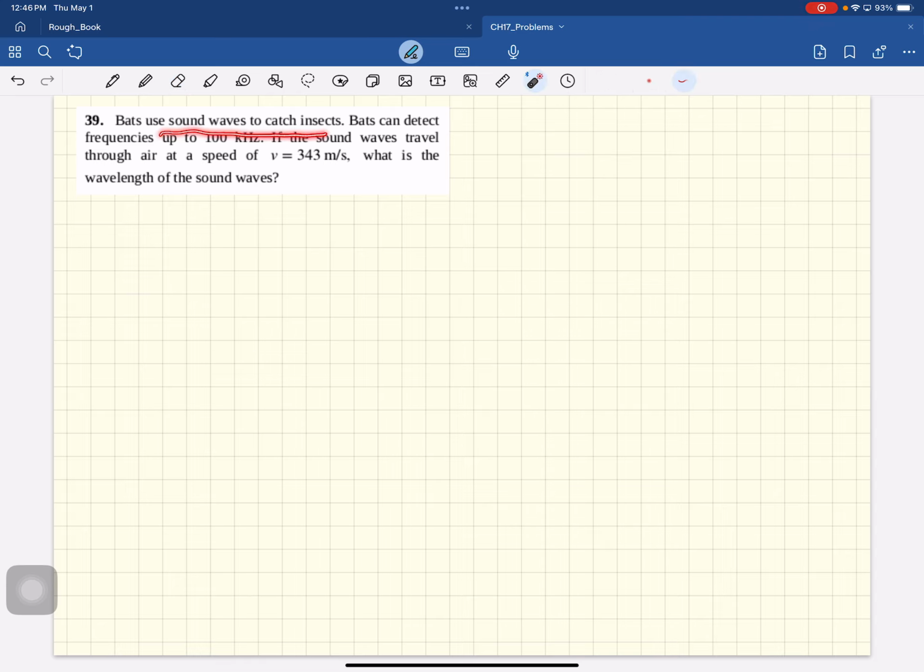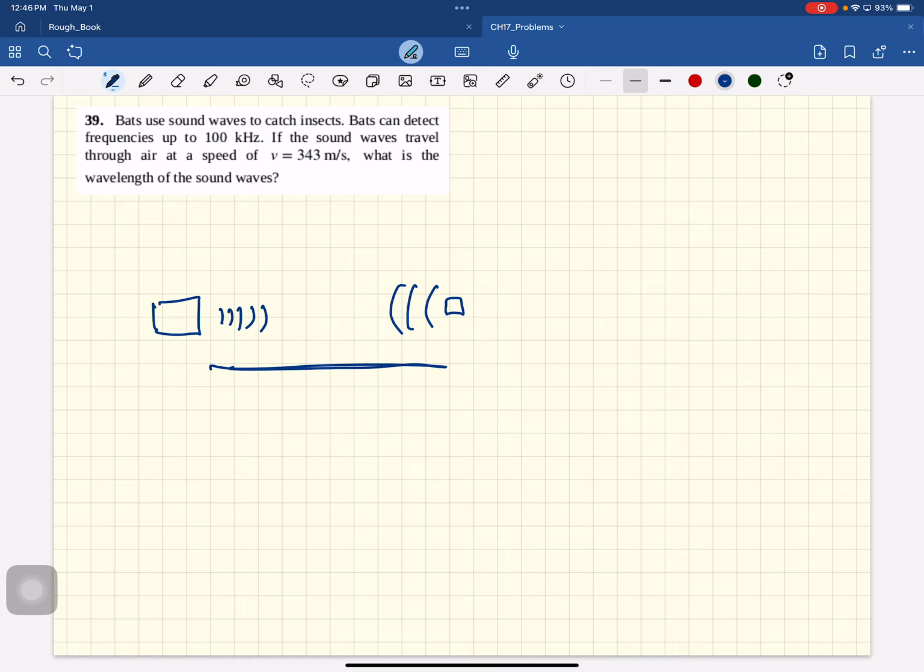Bats use sound waves to catch insects. So how do they catch insects? Here's a bat. It'll send an ultrasonic pulse. Here's a bug, and the bug reflects the pulse back. So from the time delay, it knows how far the bug is.